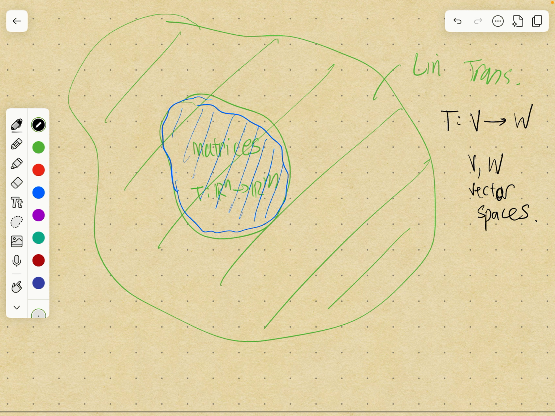Actually, we'll talk about subspaces of Rn, and subspaces are also vector spaces. But there are a lot of vector spaces, so there are lots of linear transformations. That's what I want you to know. Sometimes people will say linear transformation is the same as matrices. That's not really true. That's only when you're looking at this blue part of the diagram.